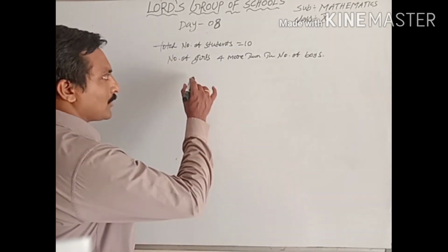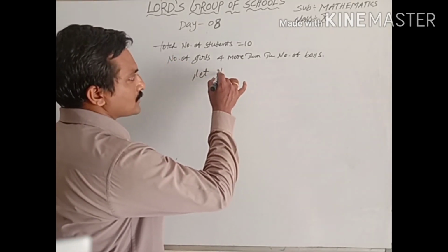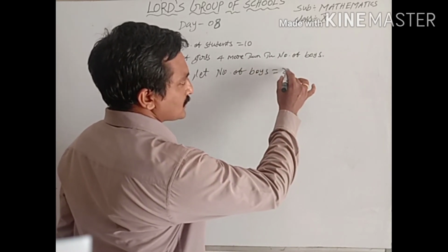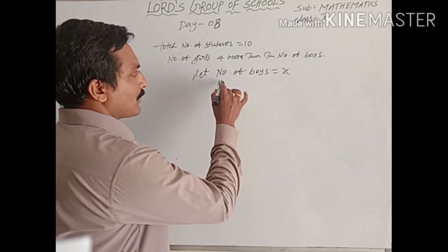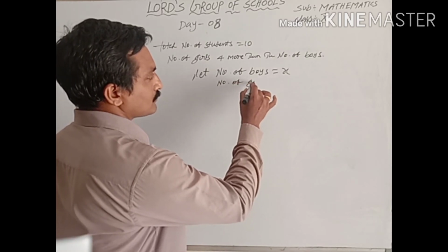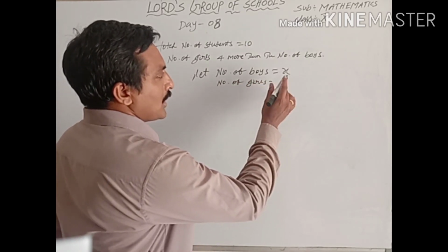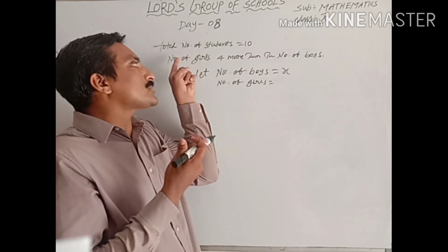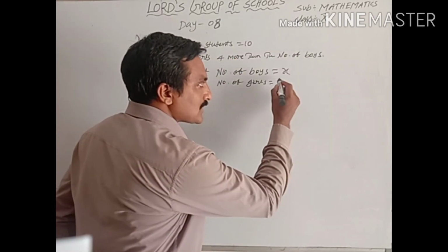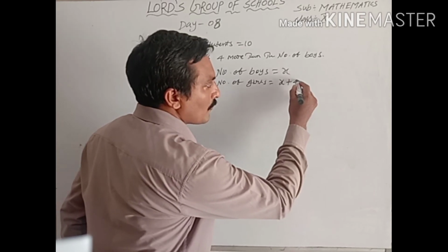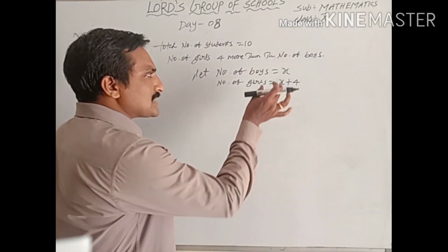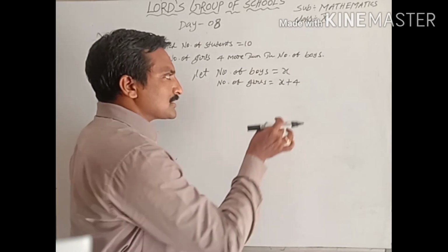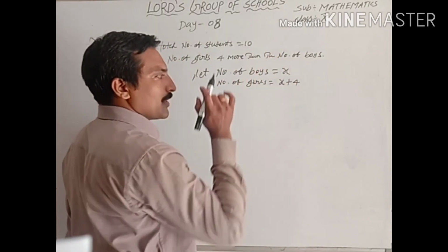That's why, first of all, take the number of boys as x. The number of girls is 4 more than the boys, and more means addition, so boys plus 4, x plus 4. The sum of these two is the total, 10 members.